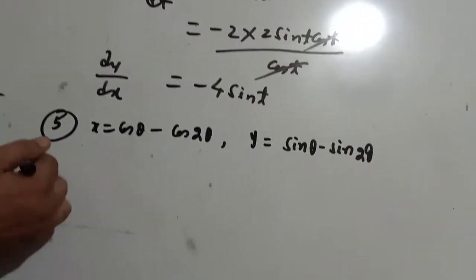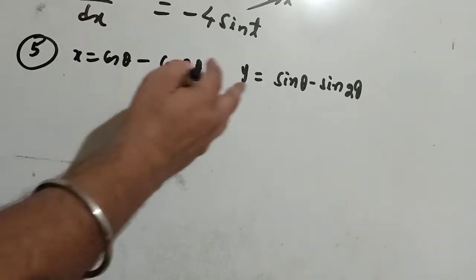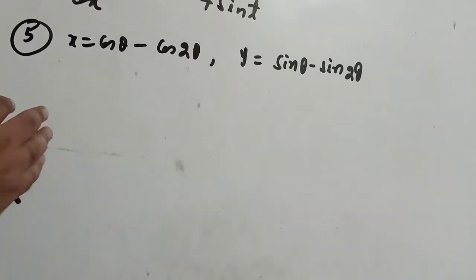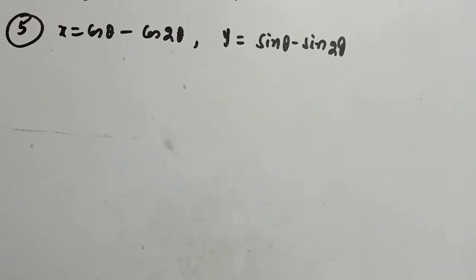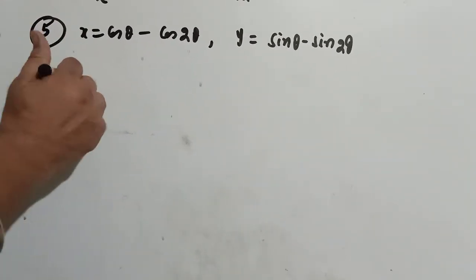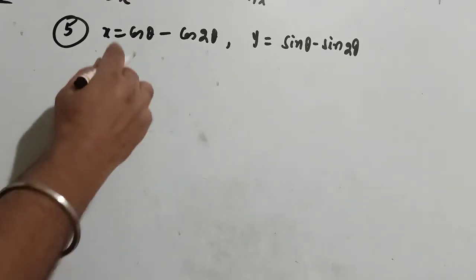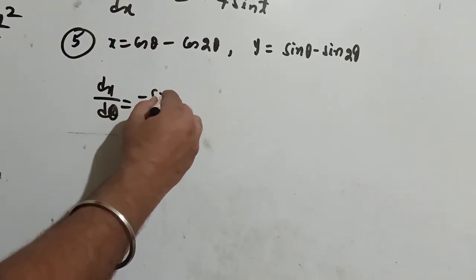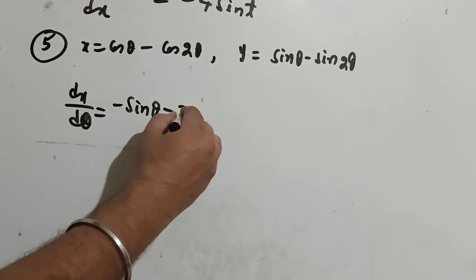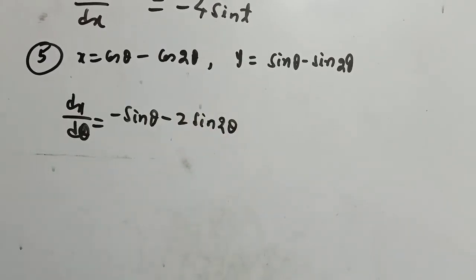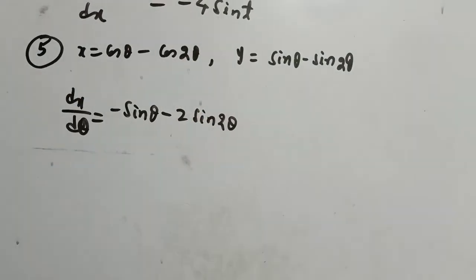Now the fifth question, x and y are both functions of theta. In parametric form, x and y are functions of another variable, so we'll differentiate with respect to theta. We'll get dx by d theta from here. Cos theta differentiates to minus sin theta, and cos 2 theta to minus 2 sin 2 theta. I already explained how to differentiate 2 theta.